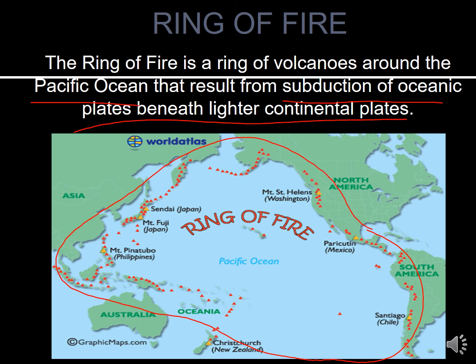That's why Japan is nothing but volcanoes. They have some that are active that can just go off anytime. That's why the Philippines, the ones that are yellow, are very active. Okay, so with that being said, that's called the Ring of Fire. What if all these volcanoes went off at one time? That's crazy.